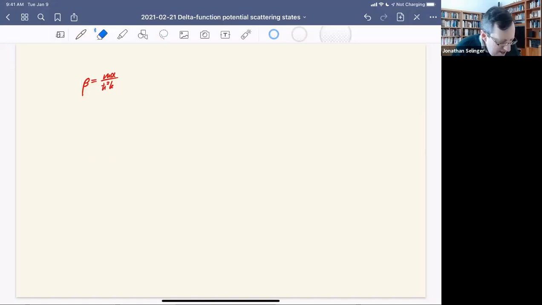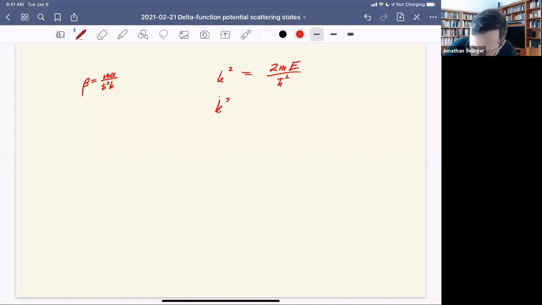And the k is expressed in terms of the energy. Remember, we also defined that k squared is 2me over h bar squared. So that means k is the square root of 2me over h bar. So beta depends on energy.